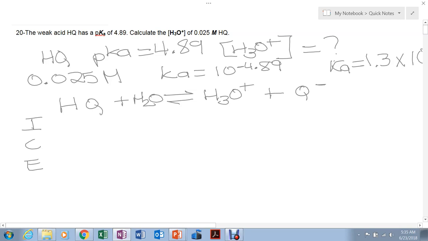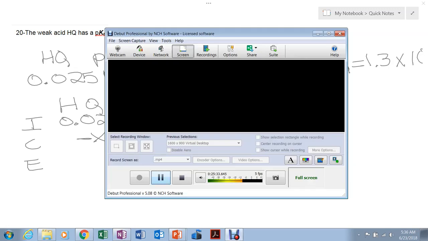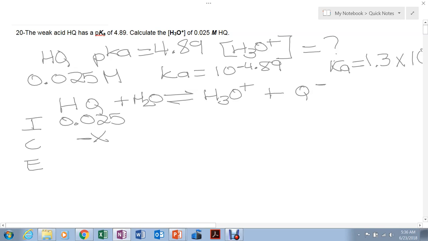And we got 0.025, 0 and 0. Here the change would be minus x. Ah, again, I made a mistake. It's 0 and 0. So it's going to be minus x, here is 0 and 0, and here is going to be plus x, plus x. And then we got 0.025, you probably already know this by memory, minus x and x here.